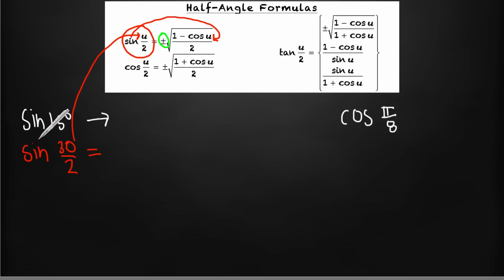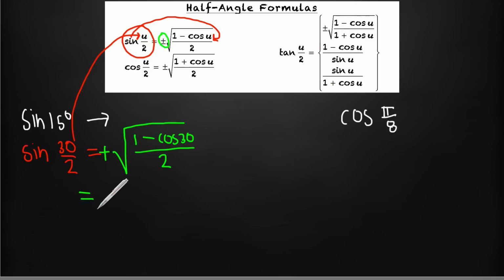Well, 15 degrees is in the first quadrant, so the sine is positive, and therefore you will use a plus. You can either just use a plus or leave it off. But it's going to be the square root of 1 minus the cosine of 30, not 15, because you don't know anything about 15. You know the cosine of 30, over 2.